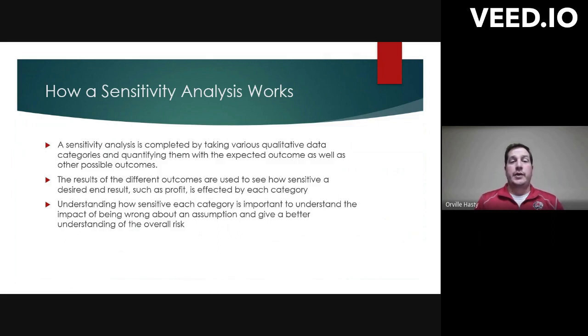These results of the different outcomes are used to see how sensitive a desired end result, such as profit in the case of a capital budget, is to each category, or how that profit is affected by each category. Understanding how sensitive each category is, is important to understanding the risk associated both with that category and that category's effect on the overall budget. And so we'll look at some examples of that as we go through.